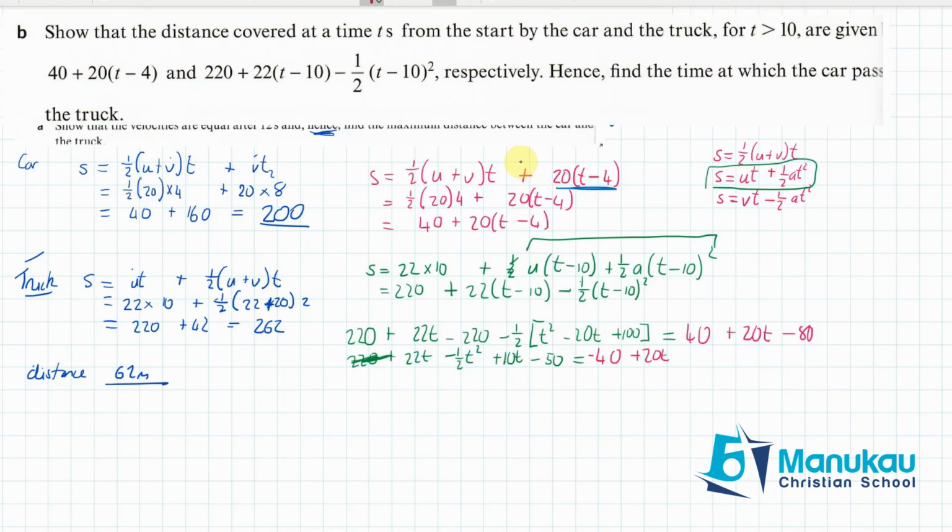Bring everything over to the left-hand side. Why have I got green here? Sorry. So it should be minus 1/2 t squared plus 32t minus 50 plus 40 minus 20t equals 0.